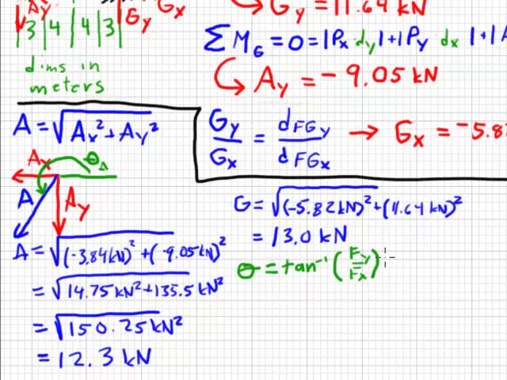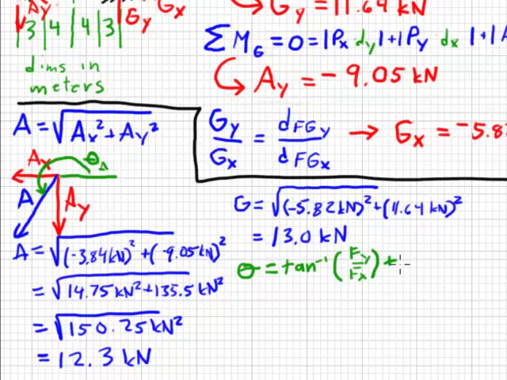But if we have a negative force in the x direction, that means the force will be in either the second or third quadrant. And most calculators will only put the inverse tangent of a negative number in either the first or fourth quadrant.